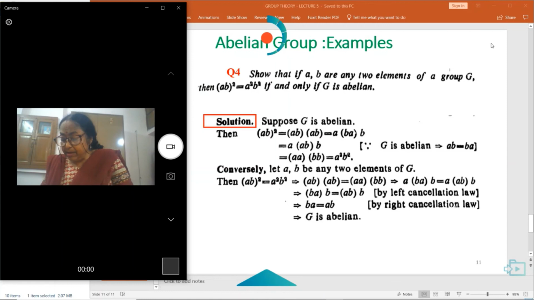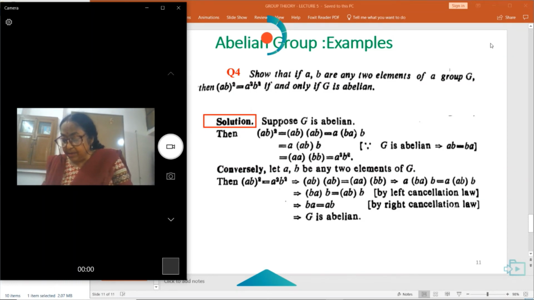Next example, show that if A, B are any two elements of a group G, then (AB) whole square is equal to A square B square if and only if G is abelian. Suppose that G is abelian, that means (AB) whole square is equal to AB into AB.